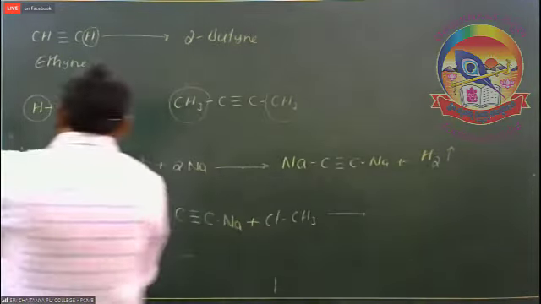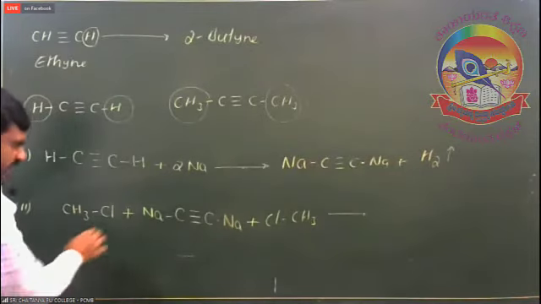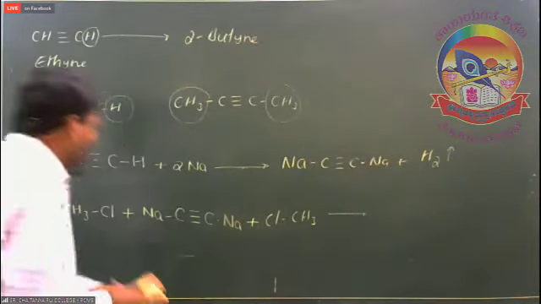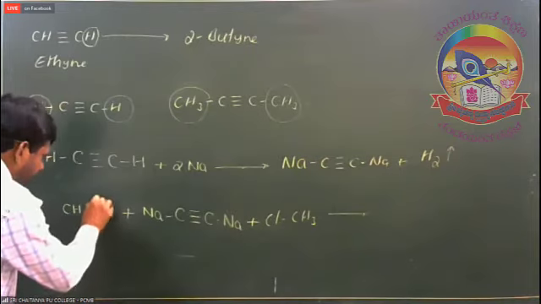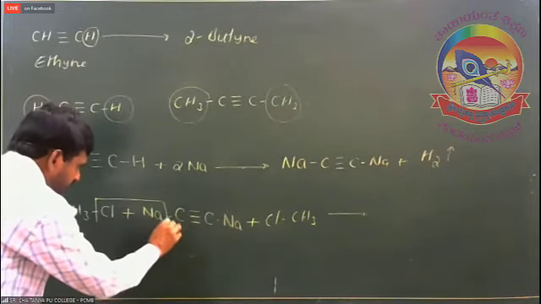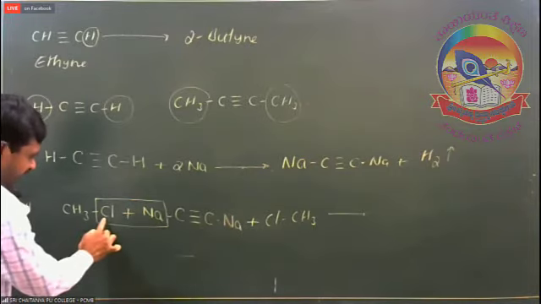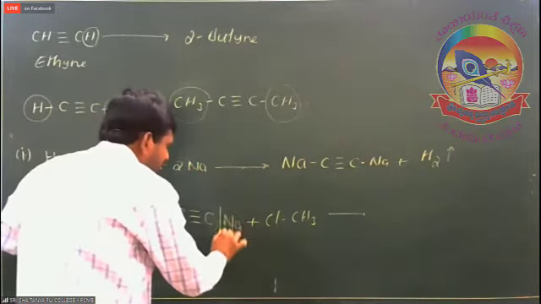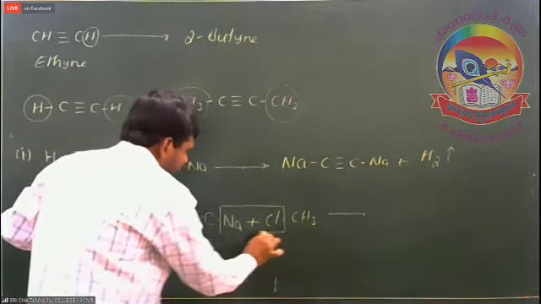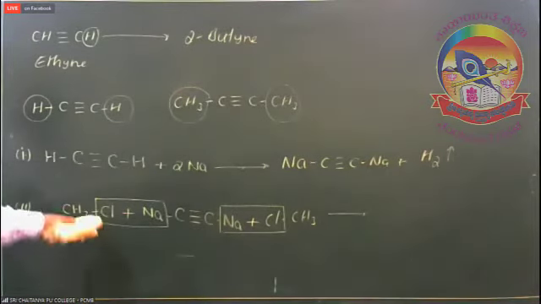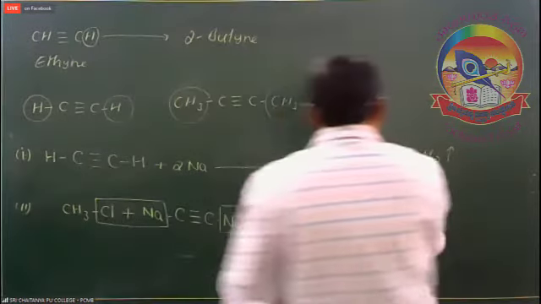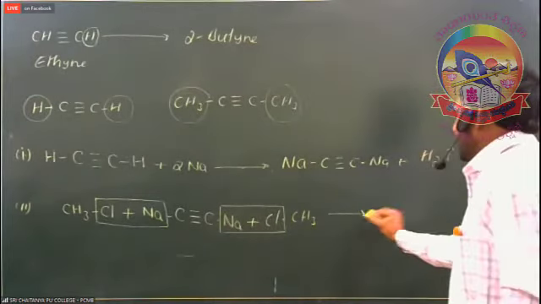So it is 1 mole of methyl chloride, and another mole. Disodium acetylide reacts with 2 moles of methyl chloride. Here Na and Cl, NaCl is eliminated from each side, so 2 moles of NaCl are eliminated.